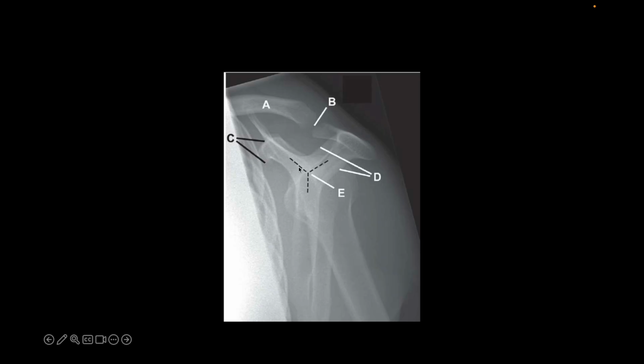E, they've put this Y in the scapula, and that center would be the glenoid cavity. D, they've pointed to this entire structure here, which separates the supra and infraspinatus fossae, and so this would be the spine of the scapula.